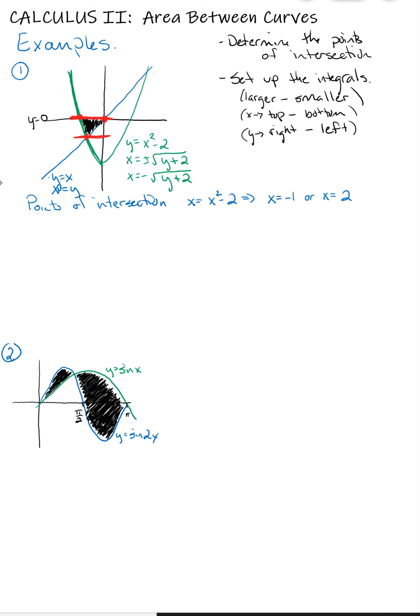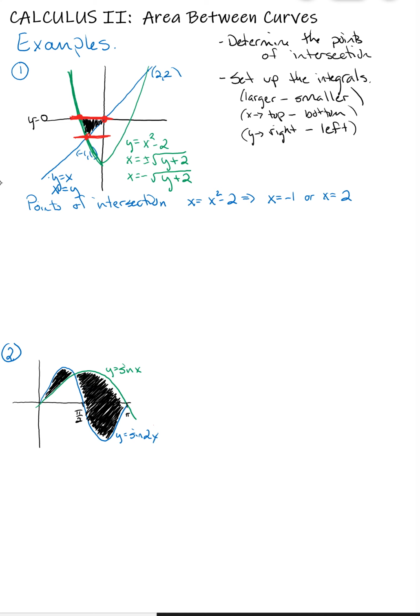So we actually have our points here. This point is (-1, -1), and this point is (2, 2). Notice I can find the y value simply because y is equal to x. So however you find them, whether you set up equations in y or in x, it's pretty straightforward, I hope.